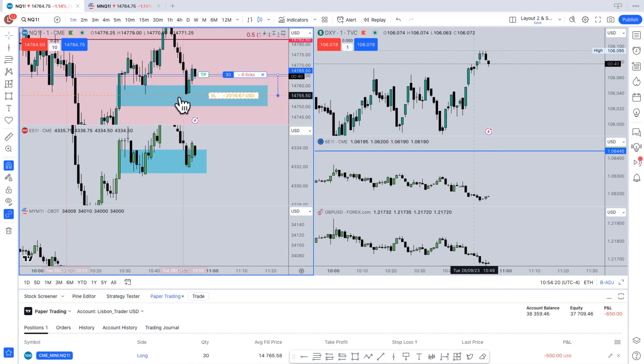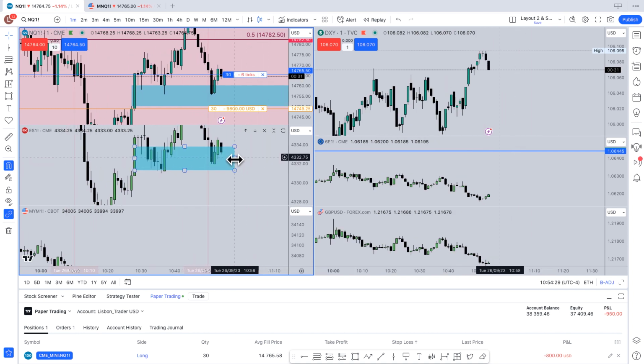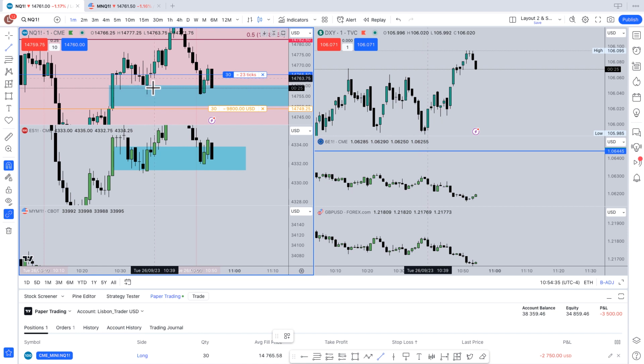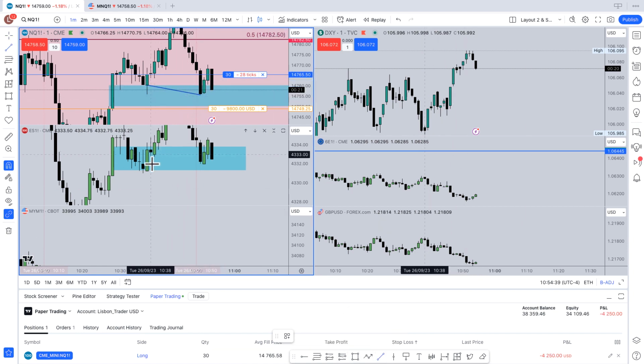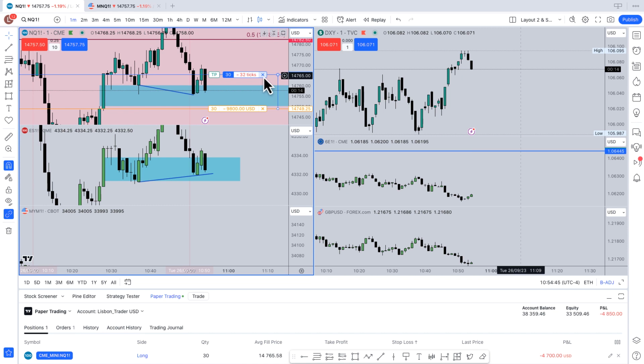So if it takes this level and ES dips also, then we are going lower. If not, there's an SMT divergence here, more or less there. And here on the bodies. So let's see what ES wants to do.